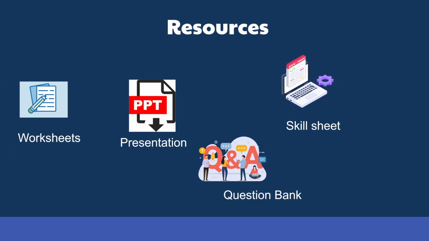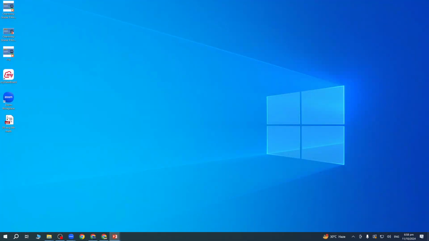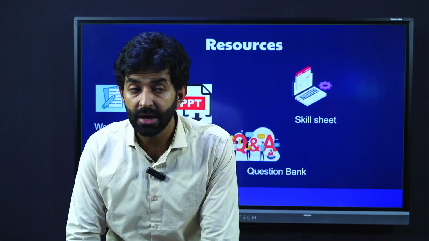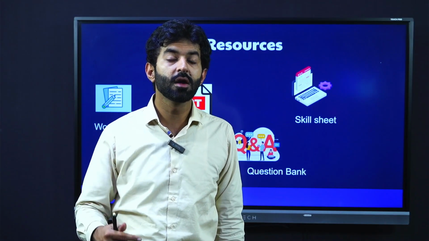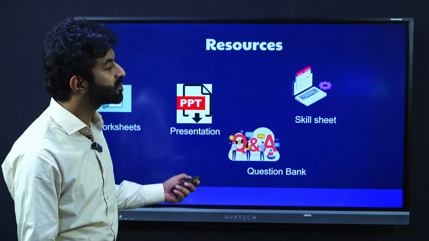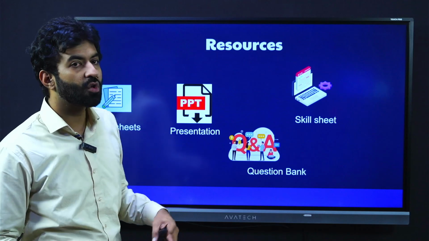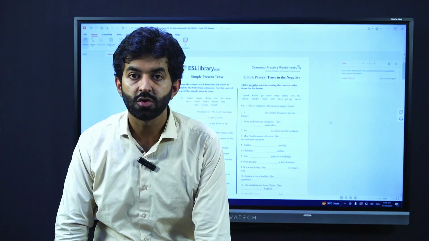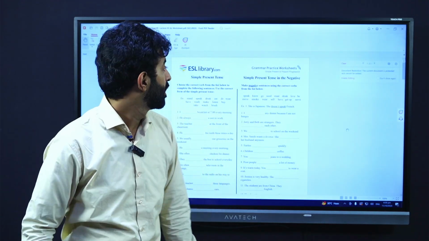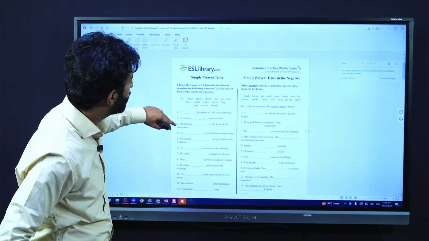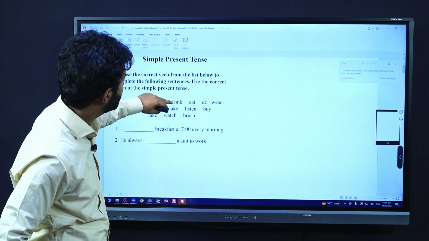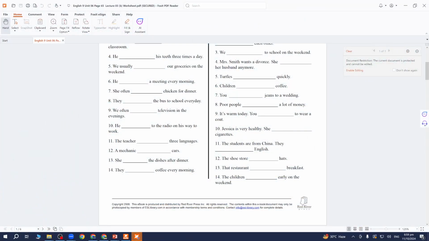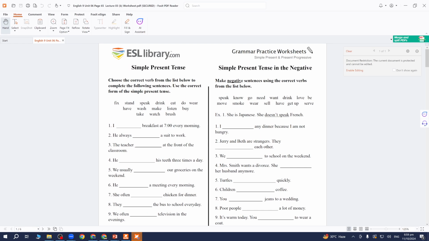Let me take you to the worksheet, where first we will cover the present simple in positive and negative, and then we also have a question bank where we have mixed all these different grammatical topics so that you can solve them. This is your worksheet that you're supposed to do. Yes, both positive and negative.